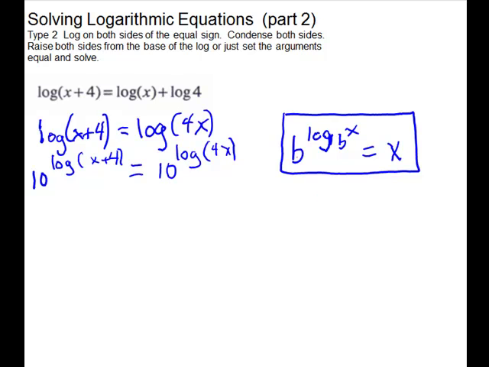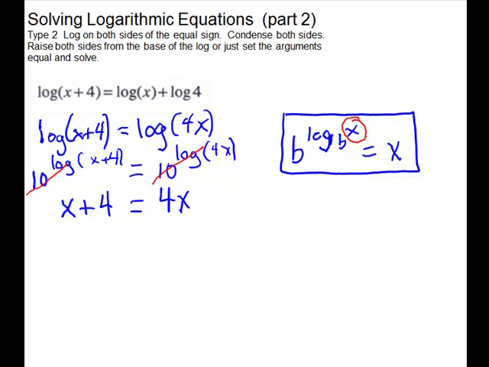When a log is raised from a power and the base of that log is the same as this power, the answer to that is just the x. And this is called the argument. And so once we set up like this, this will just equal x plus 4. And this will equal 4x. So either way you're thinking of it is fine, because eventually the arguments are just set equal to each other. And now you solve.